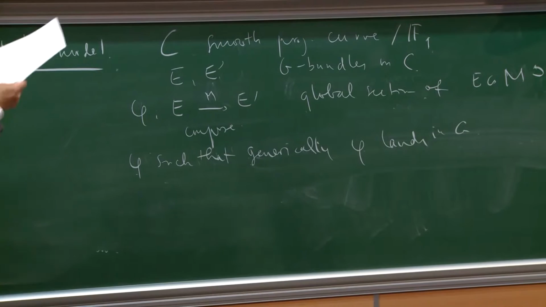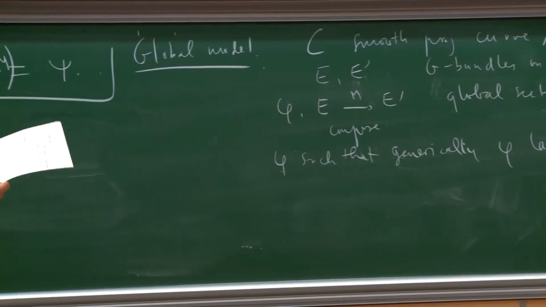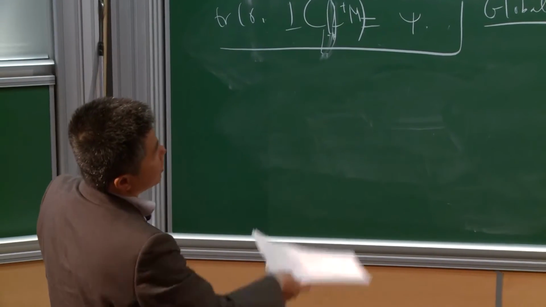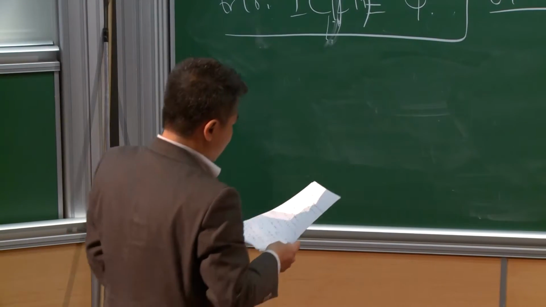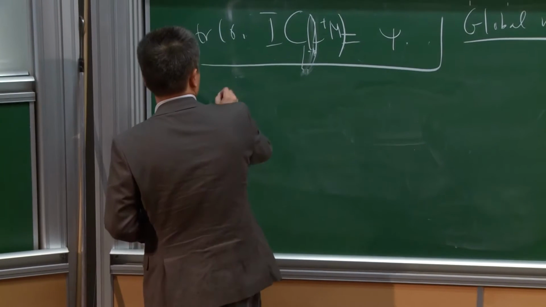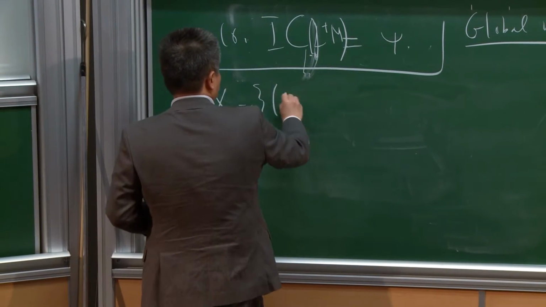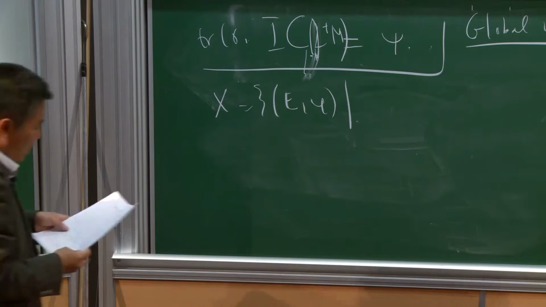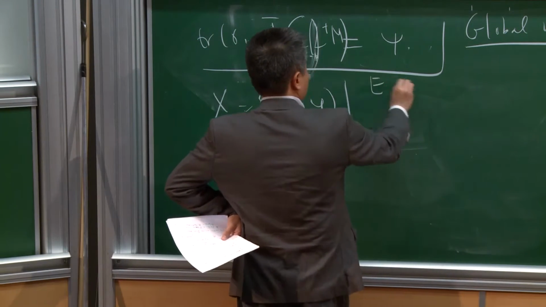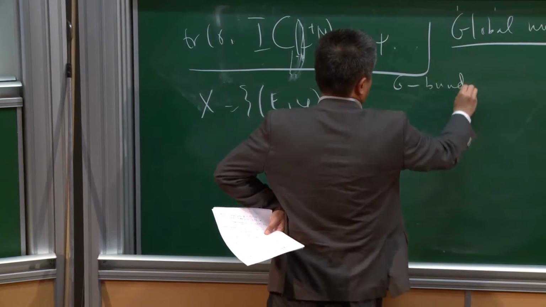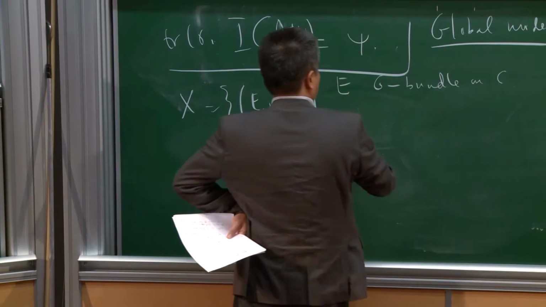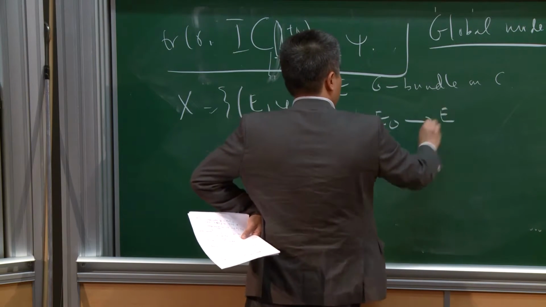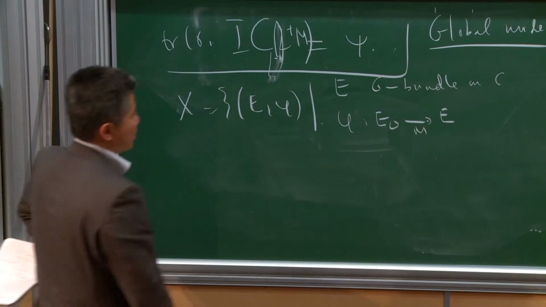Then the obvious global analog of this loop space is the space of pairs E and phi, where E is a G-bundle on C, and phi is a map from E_0 to E, so it's generically an isomorphism.